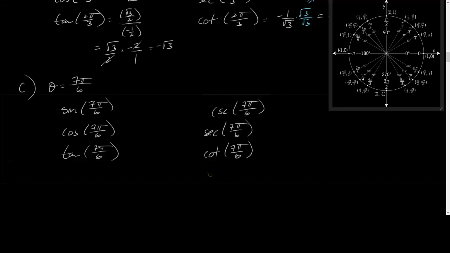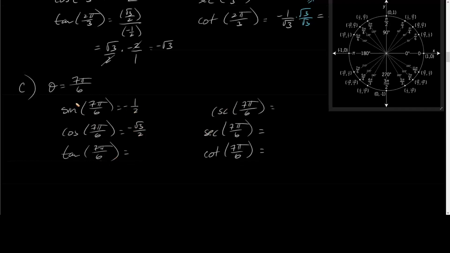Okay. Now, in here, we're going to go to the coordinate that corresponds to the angle of 7 pi over 6. And that's right here. Right, 7 pi over 6. And we know the x value is cosine, the y value is sine. So y is negative 1/2. Cosine is negative radical 3 over 2.